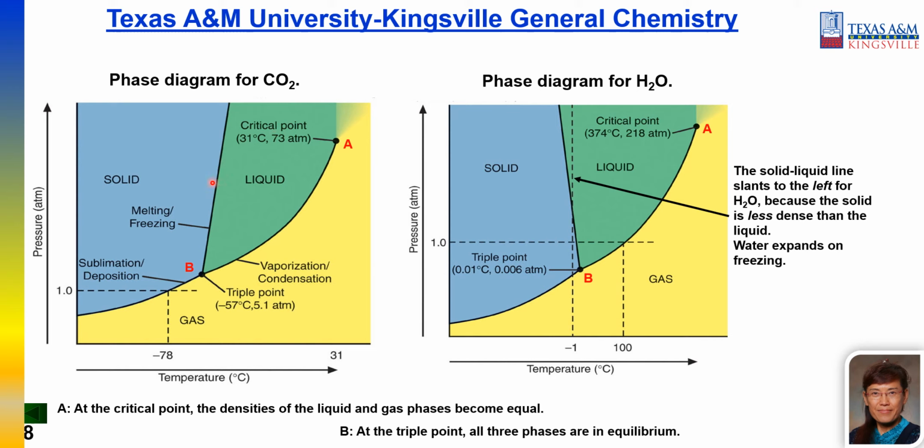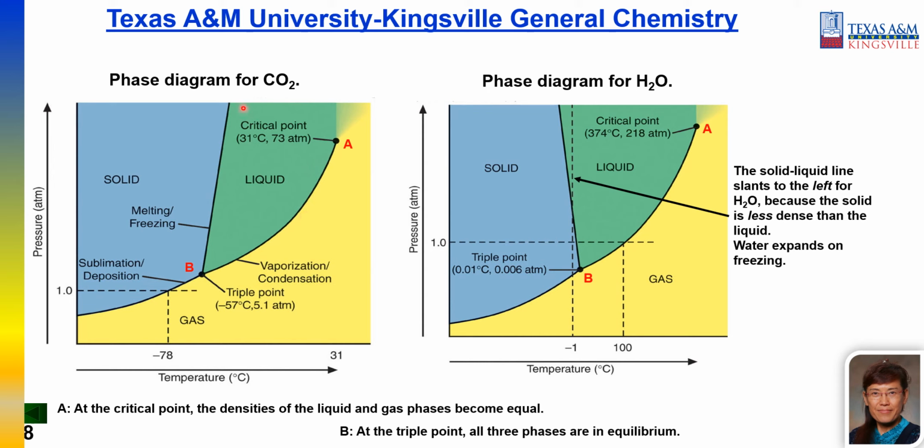So this line you call the solid-liquid phase line. What you are going to observe is melting and freezing, occurring simultaneously. The very last line, this line between A and B, is called the liquid-gas phase line, meaning your liquid and gas are reaching the equilibrium. You observe vaporization and condensation.